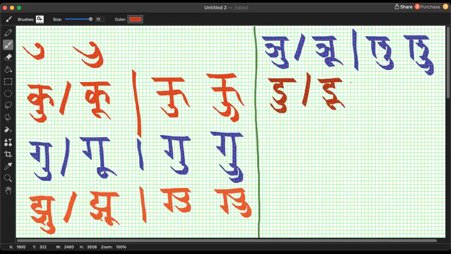And this is do. In Sharda, we know D is written like this.